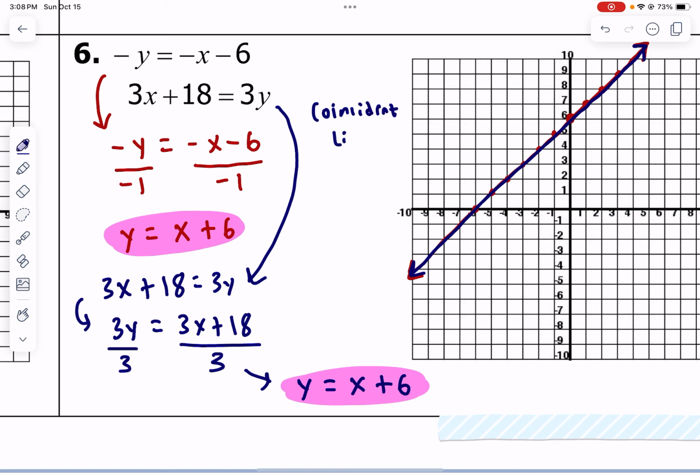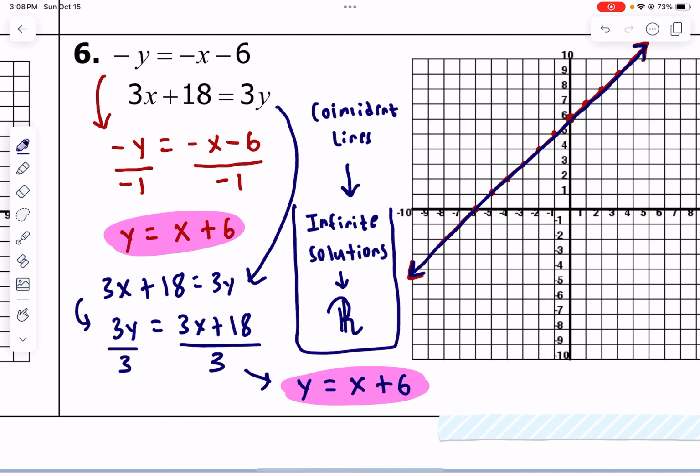Coincident lines. So if we go back to the top of our notes, whenever we have coincident lines, this is the case where we have an infinite amount of solutions. And please remember the fancy symbol for infinite solutions was all real numbers. Once again, in this case, either is accepted.